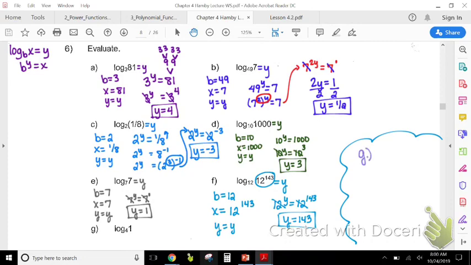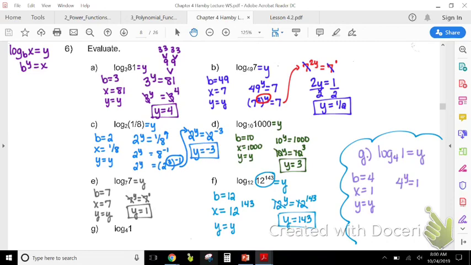G says log base 4 of 1. And so it's in log form, so we know we're going to set it equal to y. What is my base? What is my x? And what is my y? So b to the y equals x.